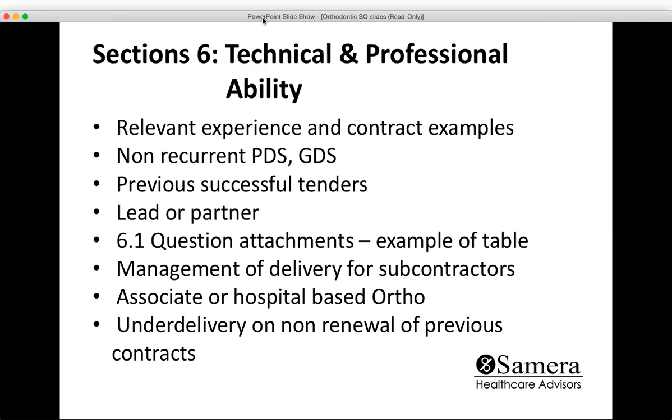And then contract examples really is to prove to the commissioners that you have had NHS contracts in the past and you've delivered or exceeded. Yeah, and also note here that they have assumed that they have no relationship with you, even though you might know the commissioners.